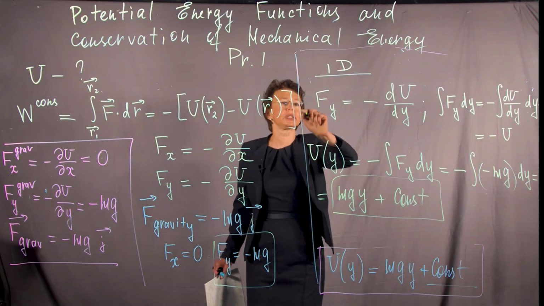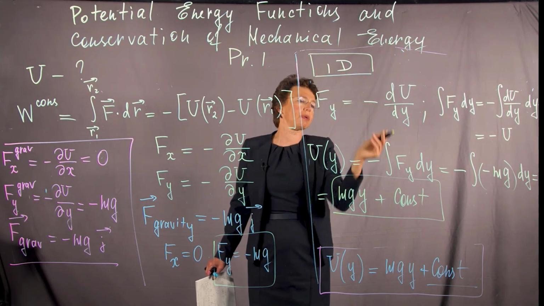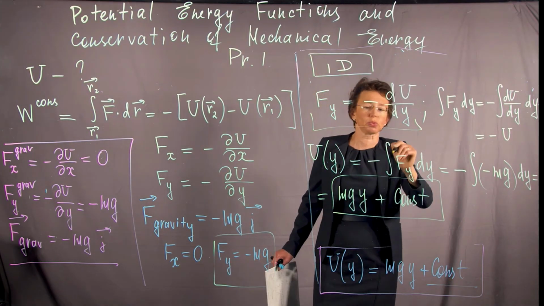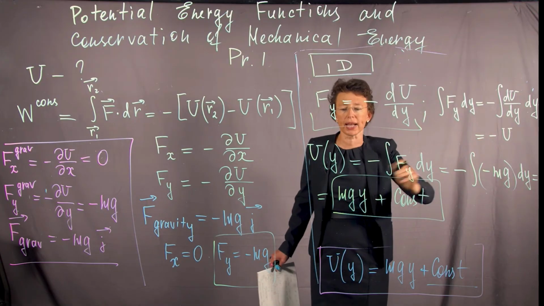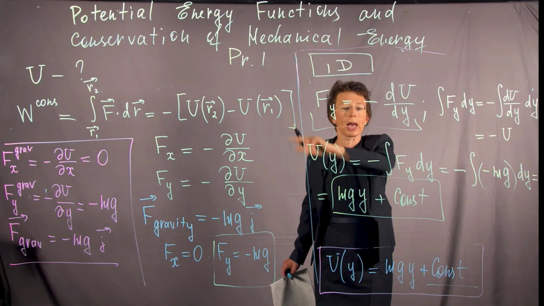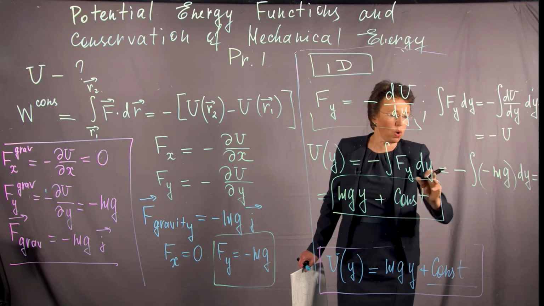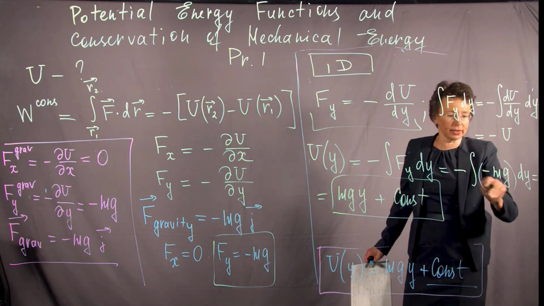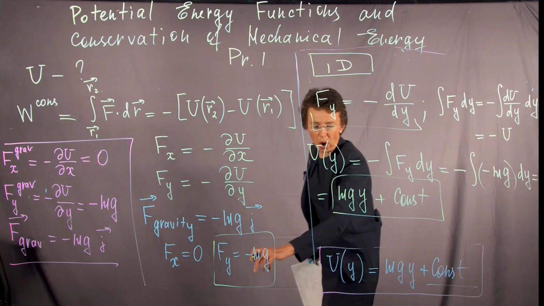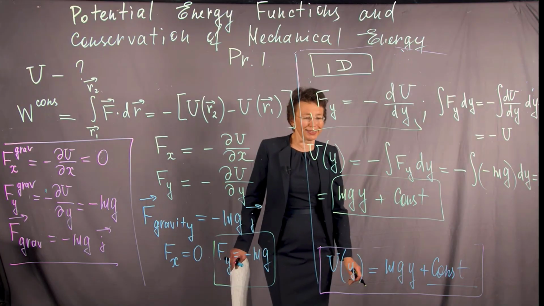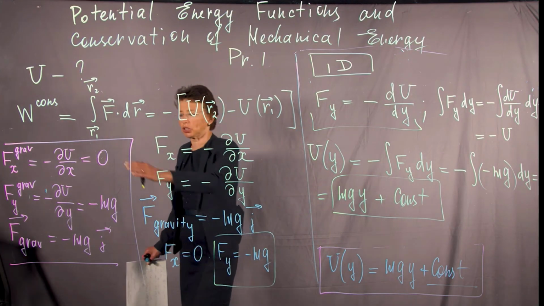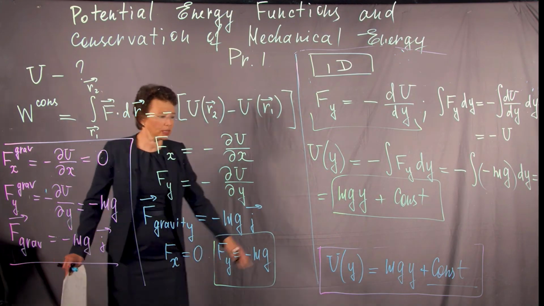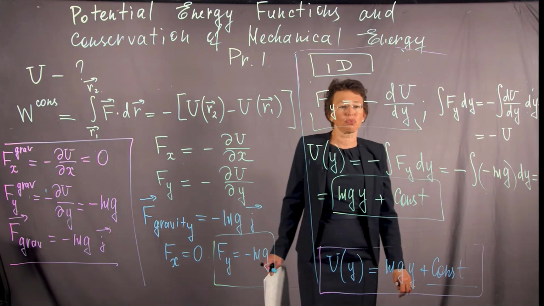And when you deal with one-dimensional problem, I would recommend you to start with this. Then you integrate both sides. You understand that u is minus integral Fy dy. You integrate Fy, and you get the potential energy function. Then you can differentiate back, follow the same procedure, and yes, you get your force back.